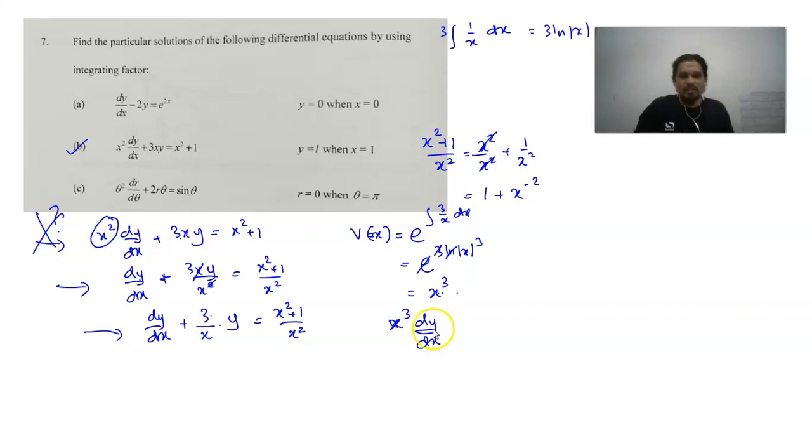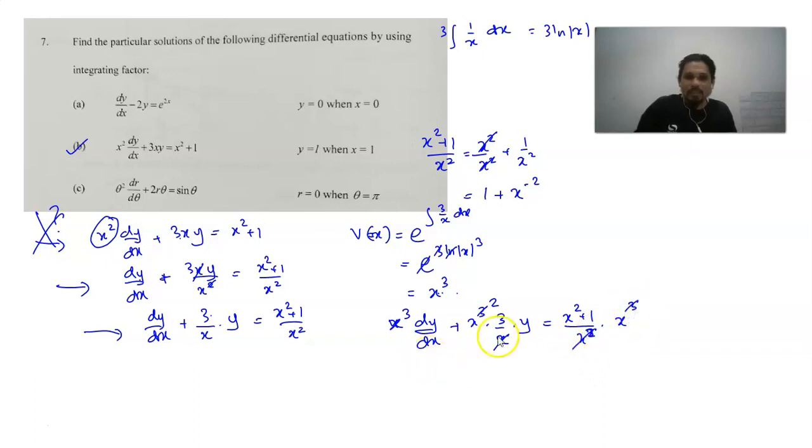So x cubed dy/dx plus x cubed times 3 over x times y equals (x squared plus 1) divided by x squared multiplied with x cubed. Cut this one, it becomes x squared, and here x.